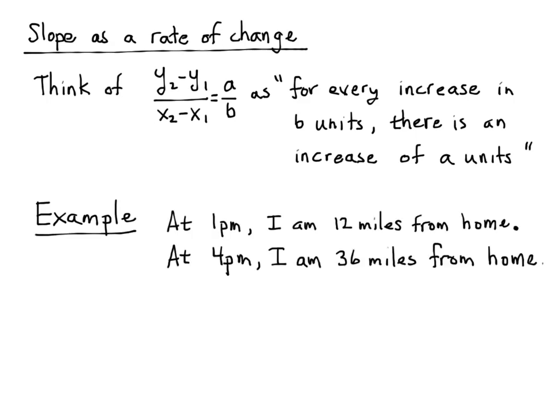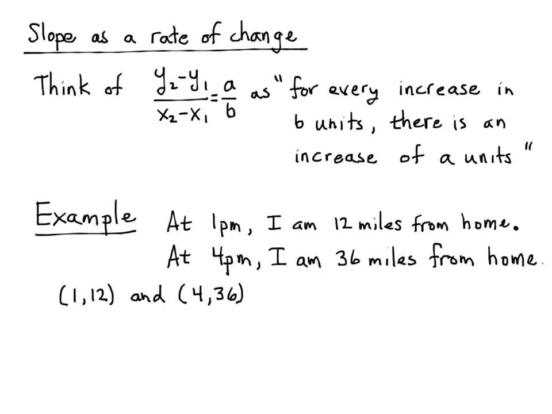Okay, so here's an example. At 1 p.m. I'm 12 miles from home. At 4 p.m. I'm 36 miles from home. How fast am I going? Okay, so here's a change in time and a change in distance. We can look at those things as being coordinate pairs.